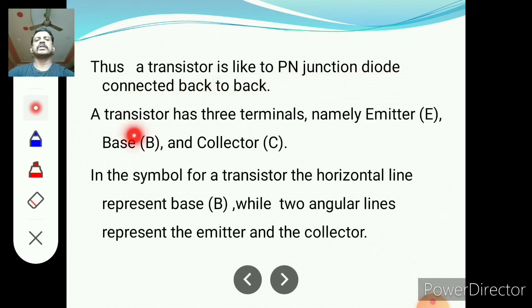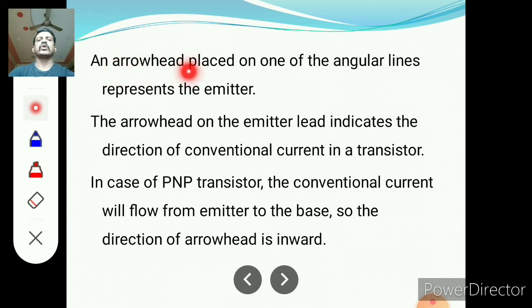The transistor has three terminals, namely emitter, base and collector. In the symbol of the transistor, the horizontal line represents the base, while the two angular lines represent the emitter and collector. An arrowhead placed on one of the angular lines represents the emitter. The arrowhead on the emitter lead indicates the direction of conventional current in a transistor.